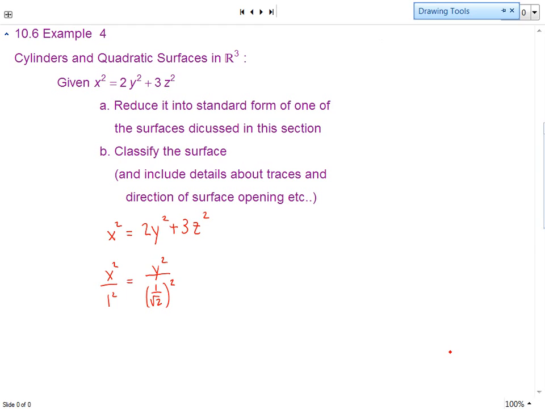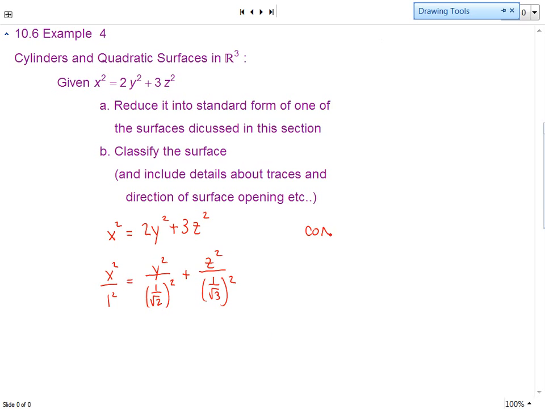And what's 1/2 on the bottom? 2 on top. Isn't that just an a squared, or whatever? It's a constant squared, isn't it? Isn't that just a tricky way of writing that? And the other one is z squared over 1 over root 3 squared. Y'all follow me? So this is a cone.